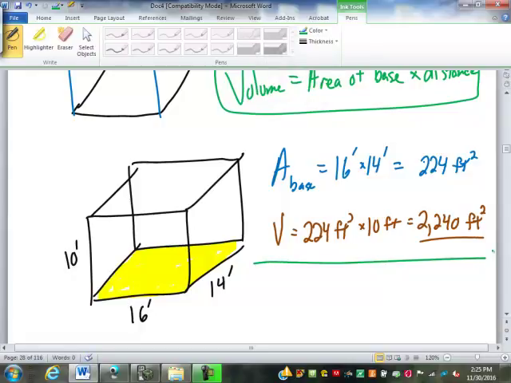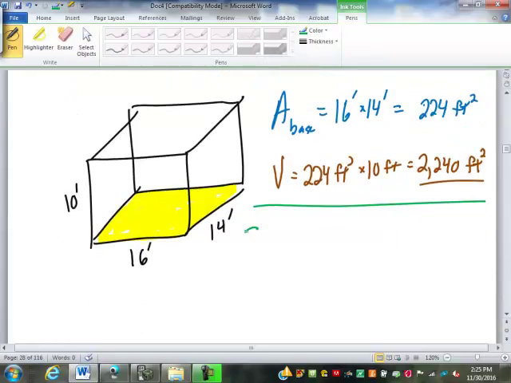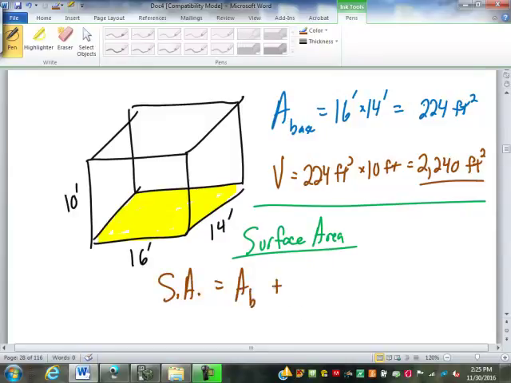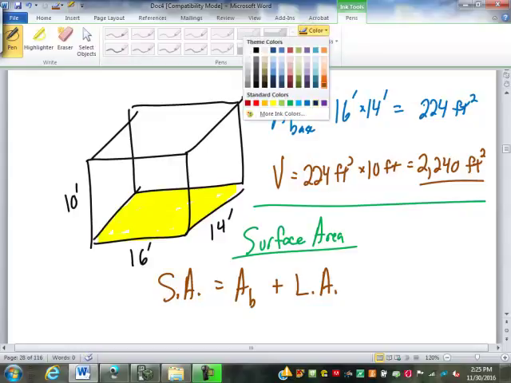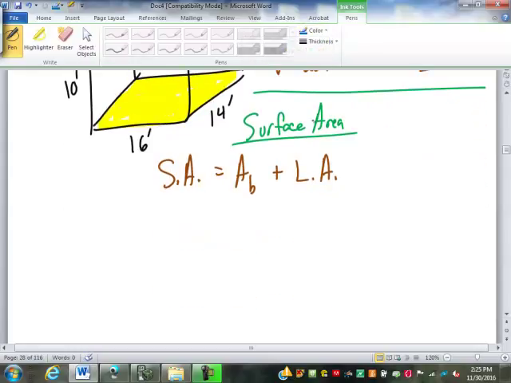The next thing we talked about was surface area. Surface area, remember, we split up into two pieces. Surface area is equal to the area of the base, or the bases, plus something we call lateral area.